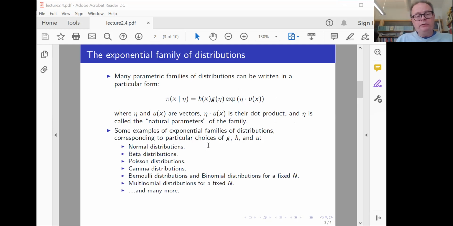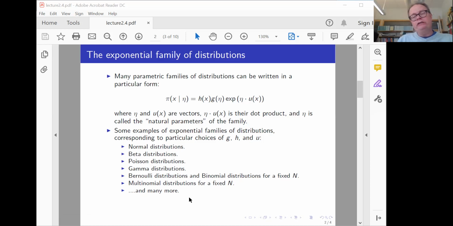So some examples of exponential families of distributions corresponding to particular choices of these g, h, and u are normal distributions, beta distributions, Poisson distributions, gamma distributions, Bernoulli distributions, or binomial distributions for fixed n, multinomial distributions for fixed n, and many more.